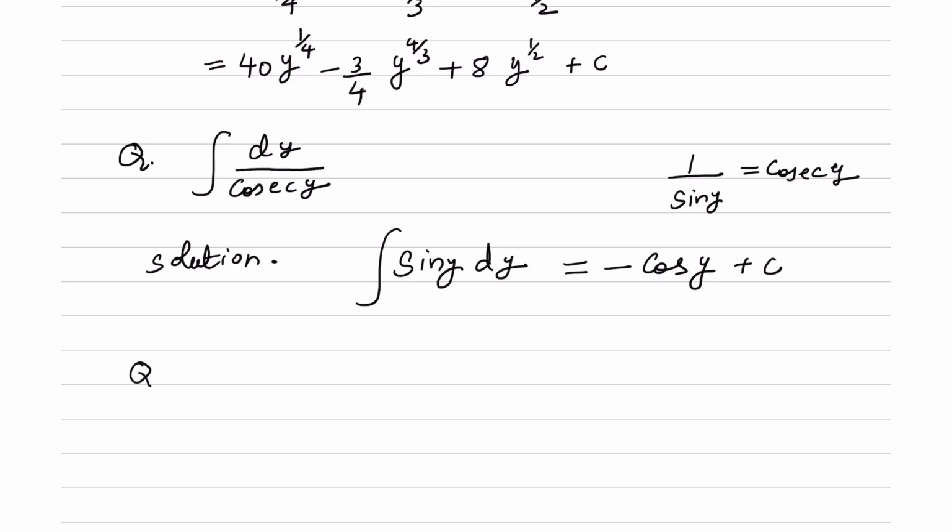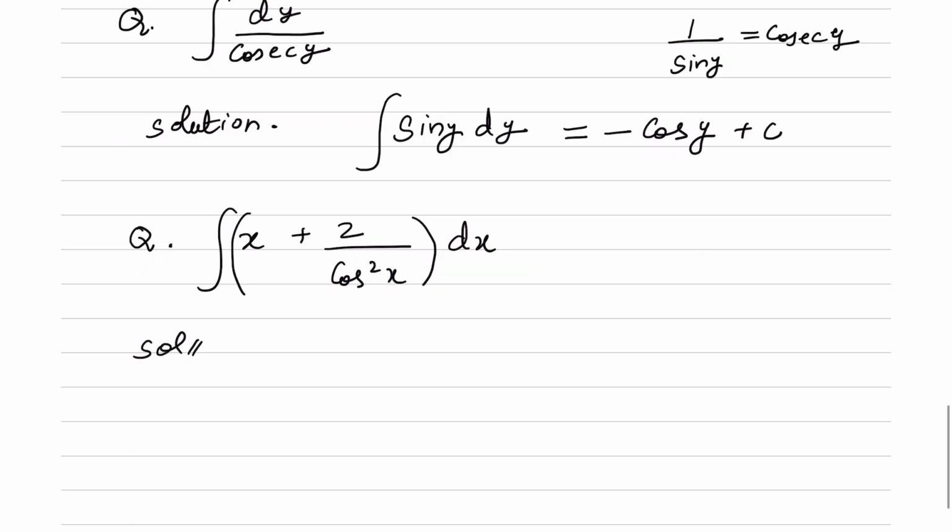Let's attempt another question. We have to integrate x plus 2 over cos square x. Before we integrate, we will separately write this expression as the integration of x plus 2 outside and the integration of 1 over cos square x with respect to x.